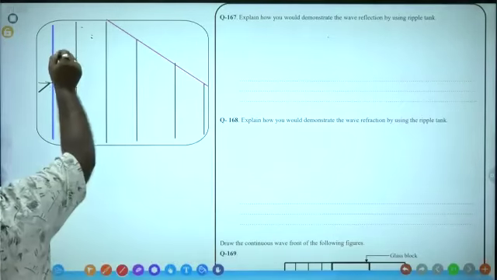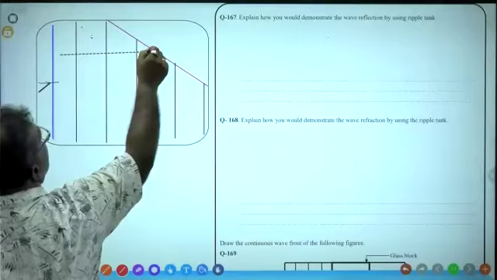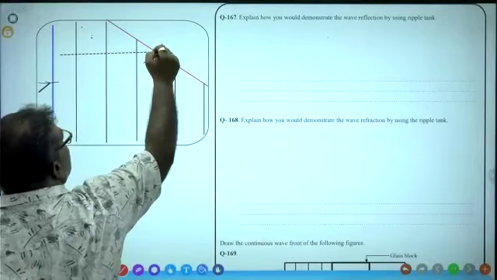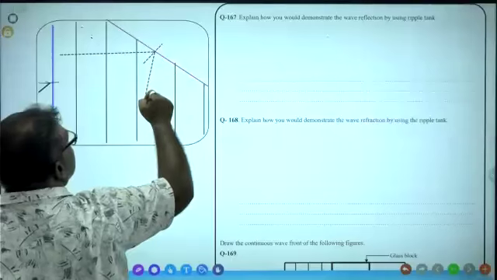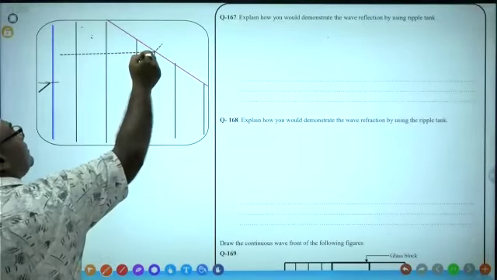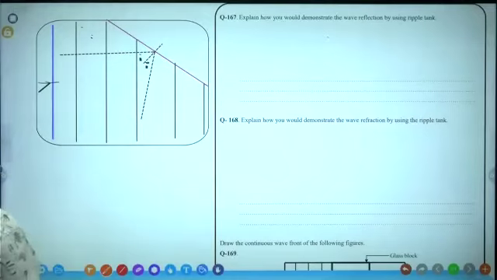This one is the path of the incident beam, the broken line. And here we have the normal, and they are reflected like this. This should be the reflected part. Basic theory: this angle i should be equal to this one. Incident angle equals reflected angle.